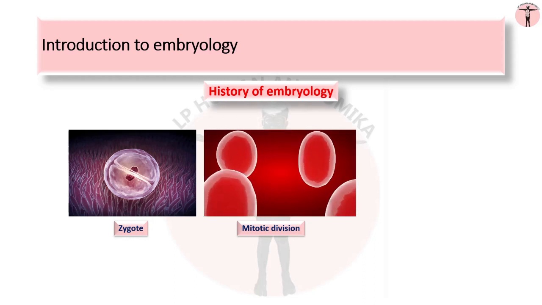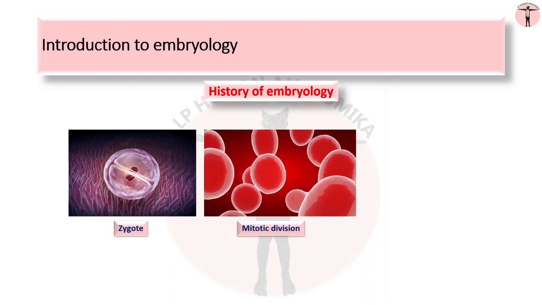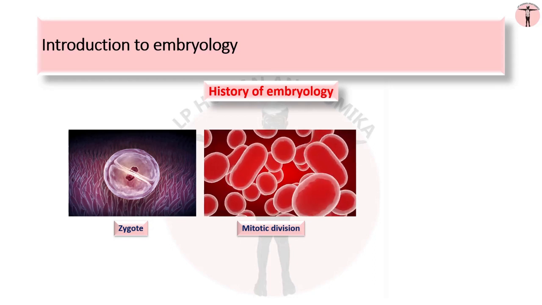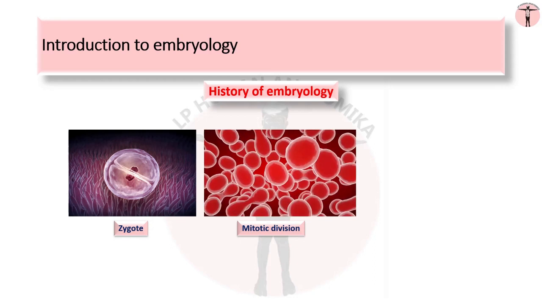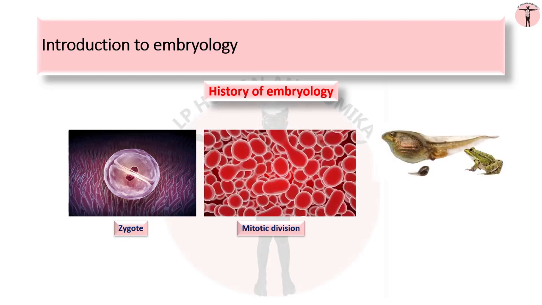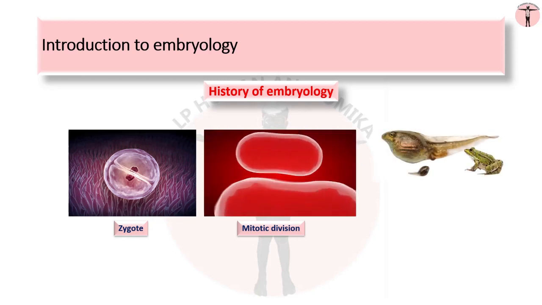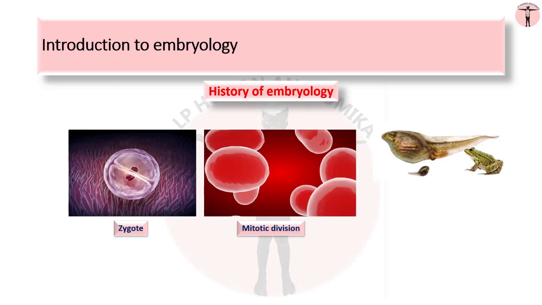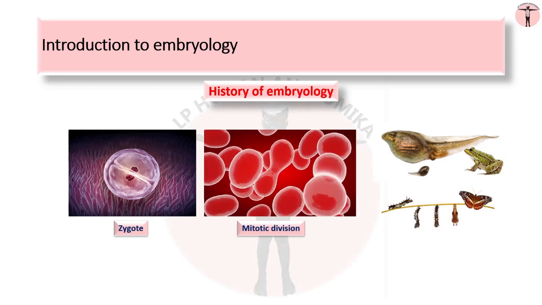Certain animals can regenerate their lost body parts, and many species undergo metamorphosis, such as the transformation of a tadpole into a frog or a caterpillar into a butterfly.